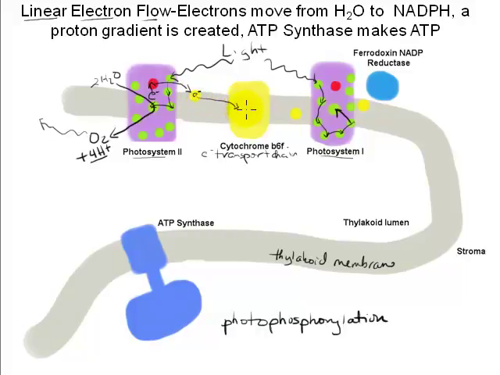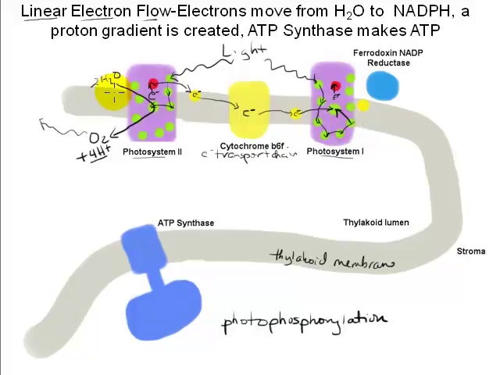Those electrons are going to be passed along the electron transport chain and ultimately are going to be passed to the reaction center chlorophyll in photosystem 1, which has also been oxidized. Remember that while photosystem 2 was being stimulated by light energy, the same thing was happening over here at photosystem 1.